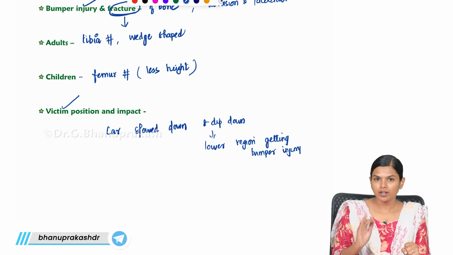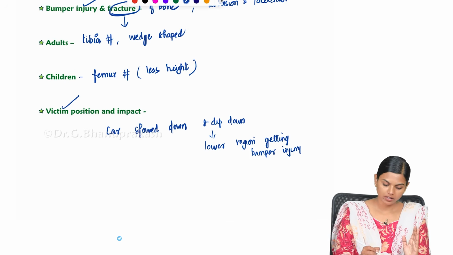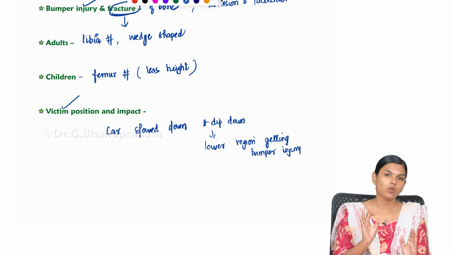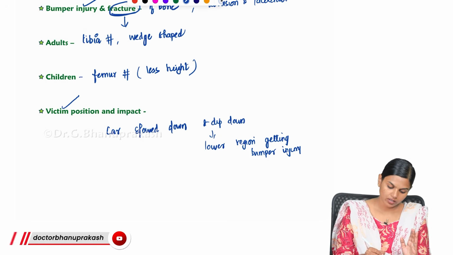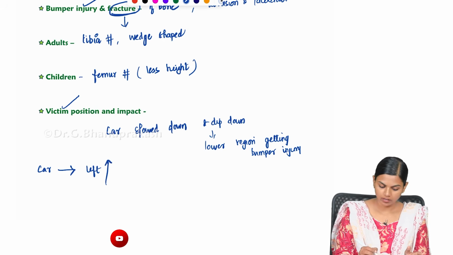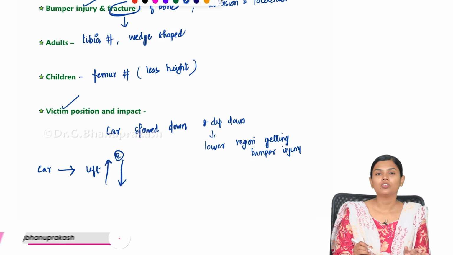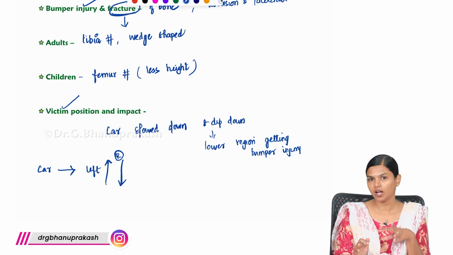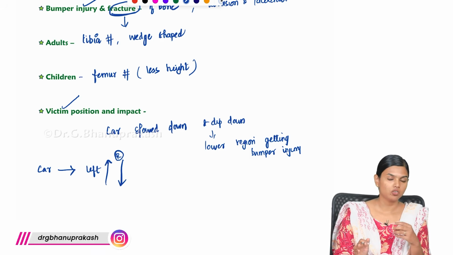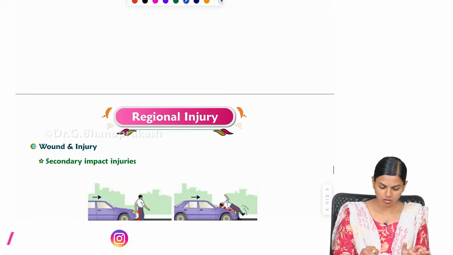And you can identify, if the left side is getting fractured, then you can say that the patient was going towards this direction. So if this is the car and it is coming in this direction and the patient is going this direction, then his left side would be hit. And if he is coming in this direction, then his right side would be hit. So you can identify which is the position of the car and which is the position of the victim. So this is the primary impact injury.